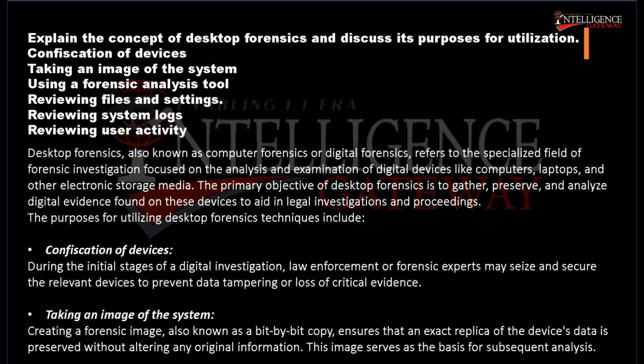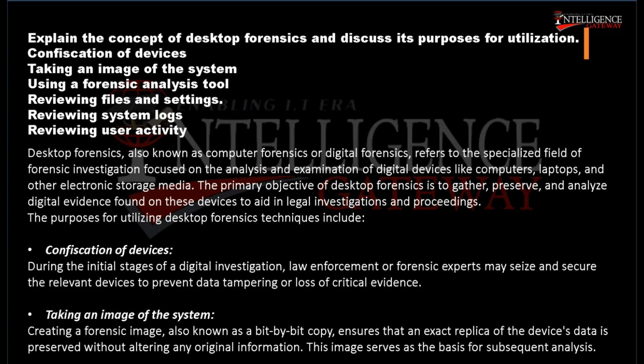Explain the concept of desktop forensics and discuss its purposes for utilization. Confiscation of device, taking an image of the system using a forensic analysis tool, reviewing files and settings, reviewing system logs, reviewing user activity.